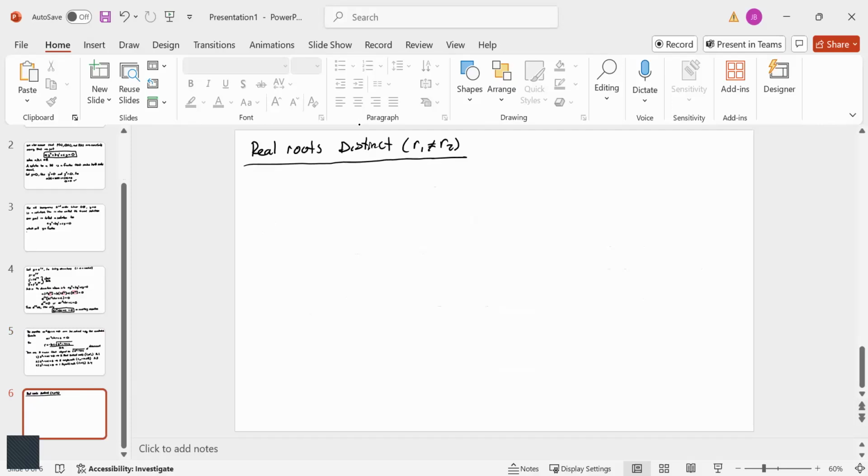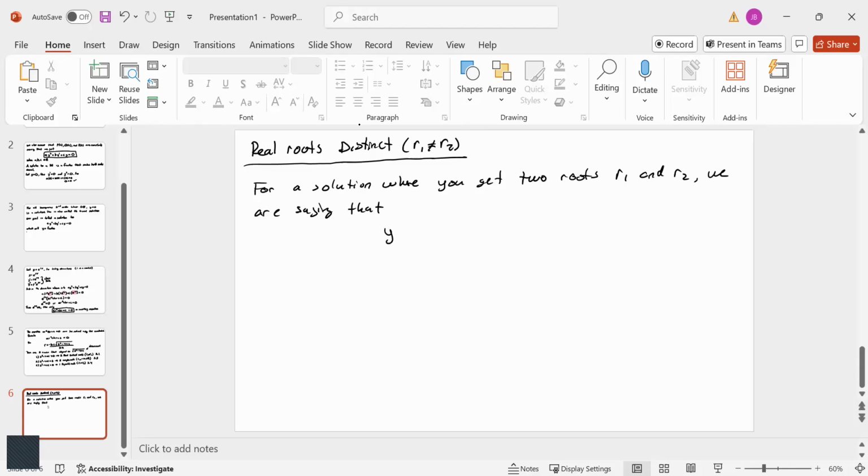So if you think about this, this is what I am saying. For a solution where you get two roots, r1 and r2, we are saying that y equals e to the r1 t and y equals e to the r2 t are solutions.